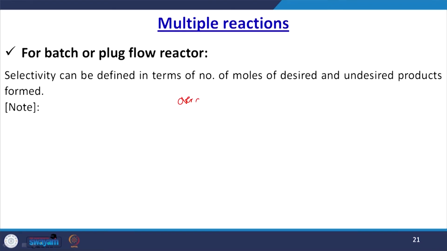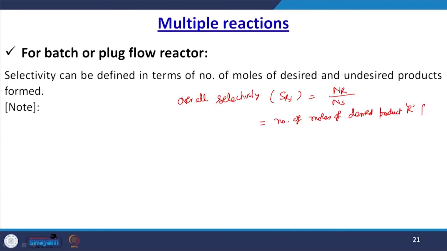The overall selectivity is equal to Nr upon Ns, that is, the number of moles of desired product R formed divided by the number of moles of undesired product S formed.